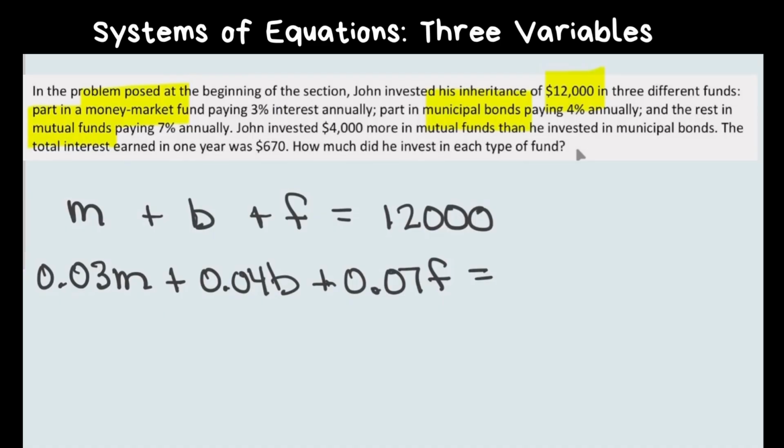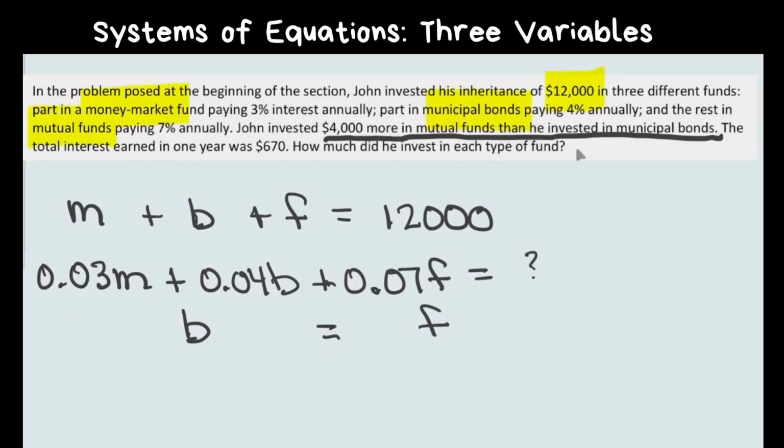John invested, there's another equation here. I don't know this number just yet, okay? John invested $4,000 more in the mutual funds than he invested in the bonds. So the bonds and the funds are not equal. One of them is more, okay? So which one is more?